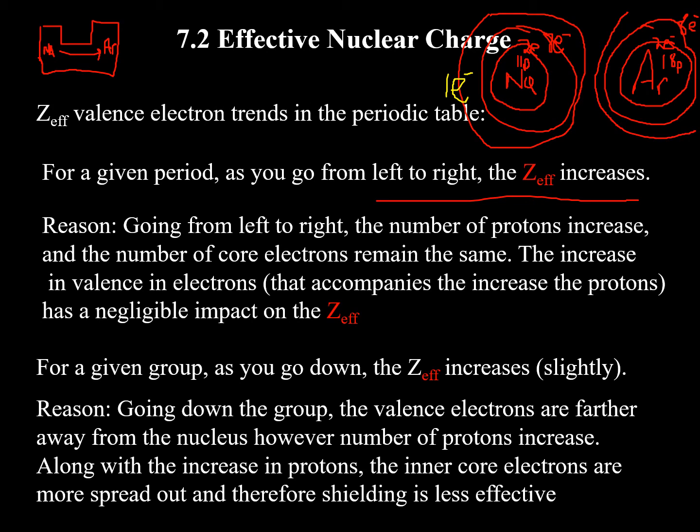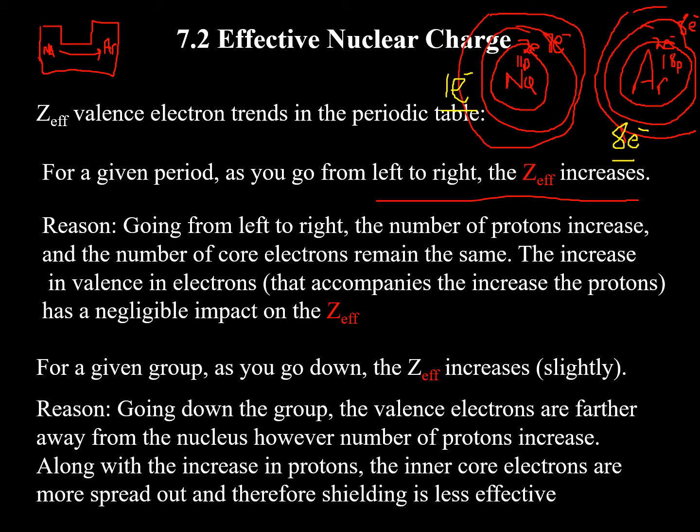On the third level, we have 8 valence electrons. Put this in yellow. We have 8 valence electrons. So the question is, do these 8 valence electrons have a higher Z effective or this 1 valence electron? Remember, for Z effective, we focus only on the outer electrons.